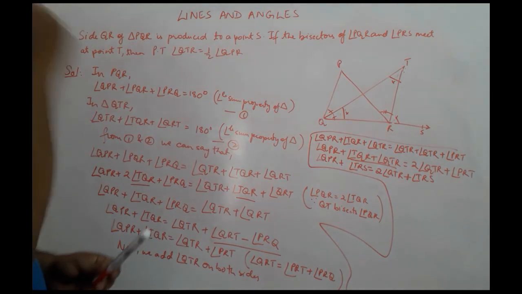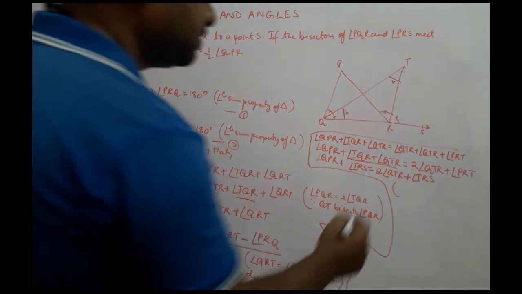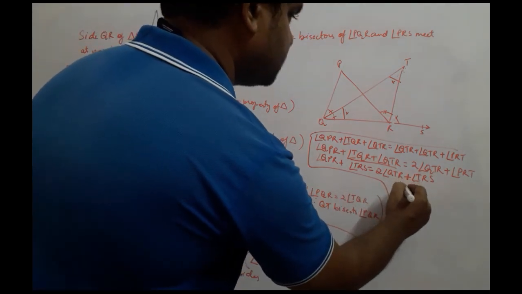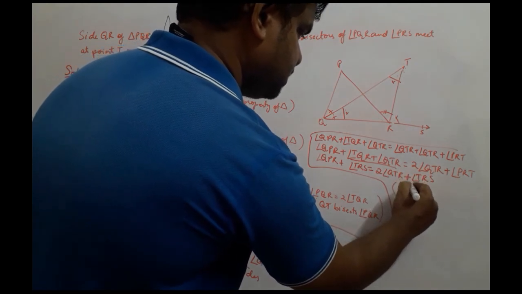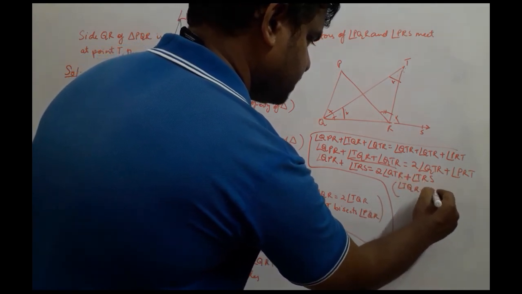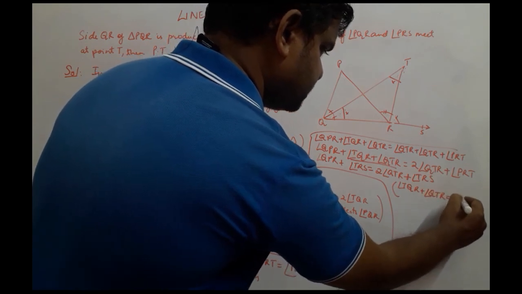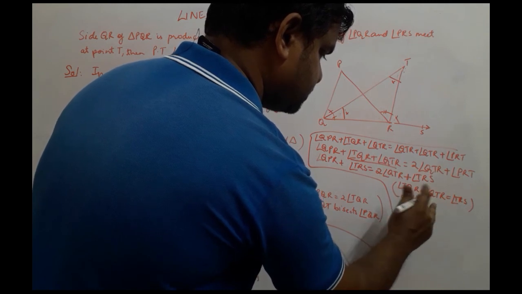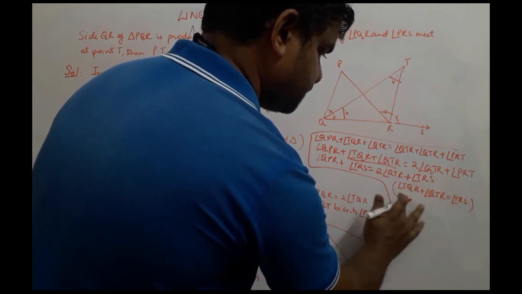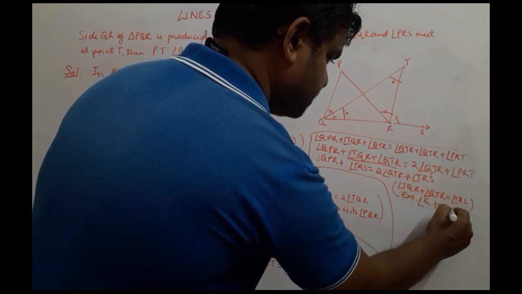So the reason I can write this over here, that angle TQR plus angle QTR is equal to angle TRS, and that is the external angle theorem.